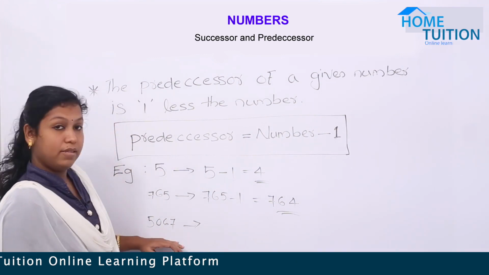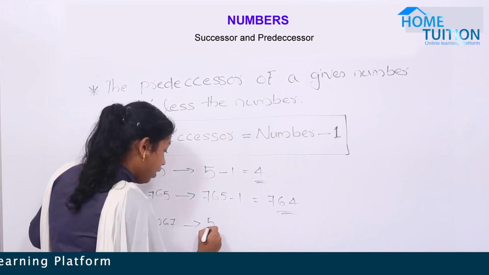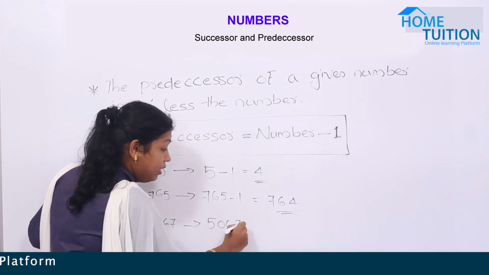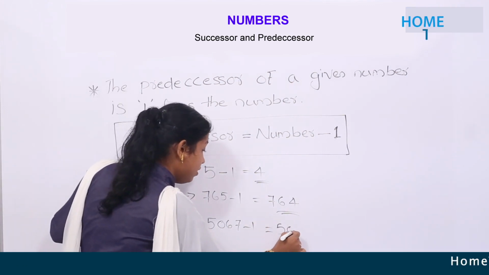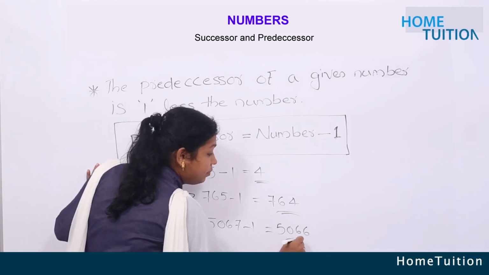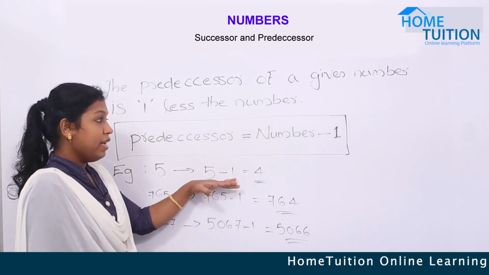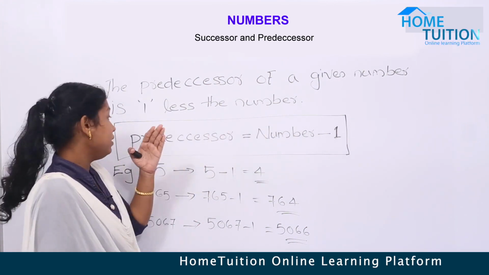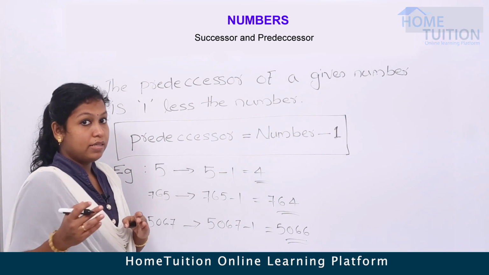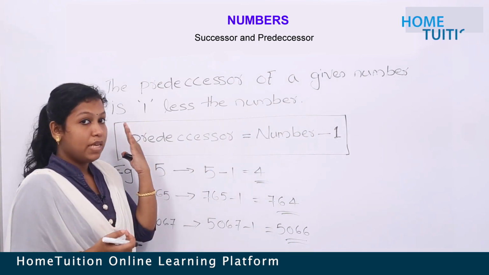The predecessor of 5067 is 5067 minus 1, which is equal to 5066. So for the predecessor, whichever number we are given, we subtract 1. But for the successor, whichever number we are given, we add 1.